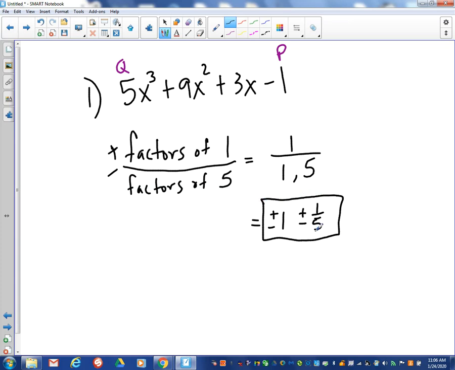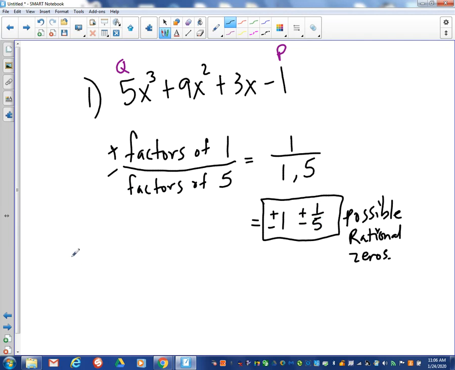If you look on the back of your note page, you'll see that the answer is plus or minus 1 and plus or minus 1/5. Those are the possibilities.